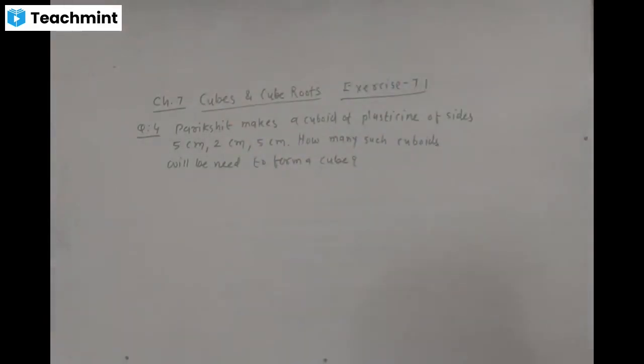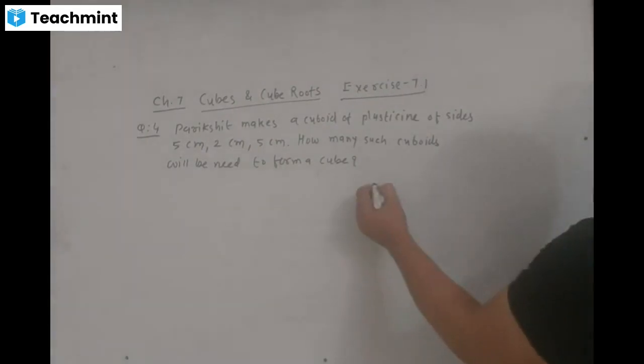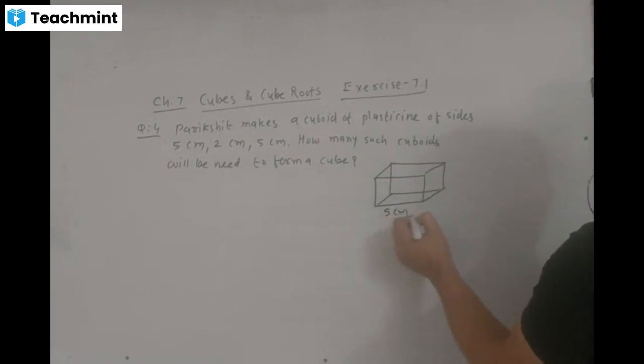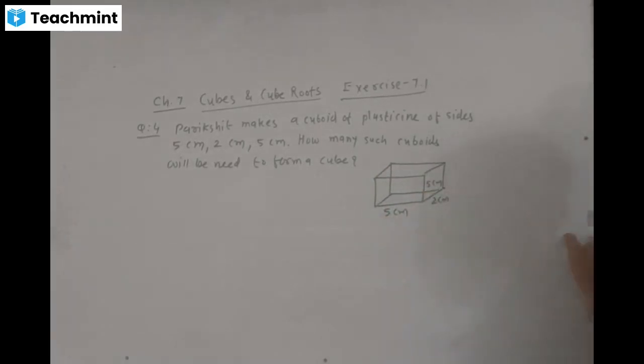See here. Parikshit makes a cuboid of plasticine of size 5 cm, 2 cm and 5 cm. Suppose that is a cuboid, and the dimensions of the cuboid are 5 cm, 2 cm and height is also 5 cm.